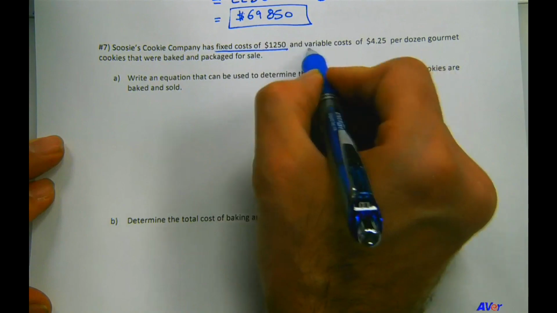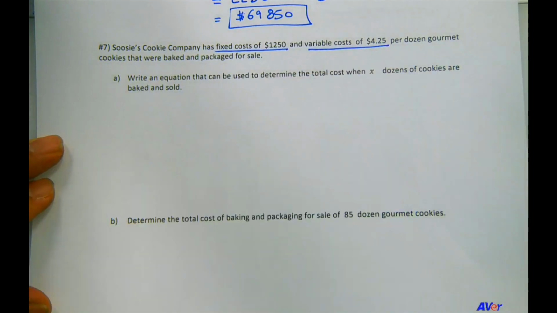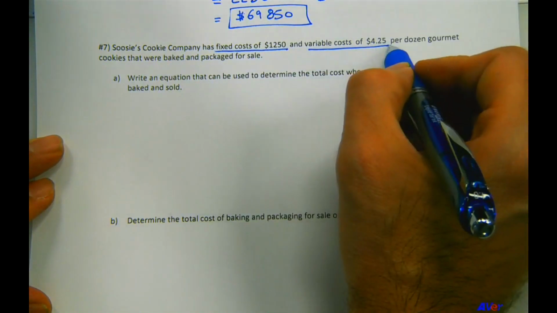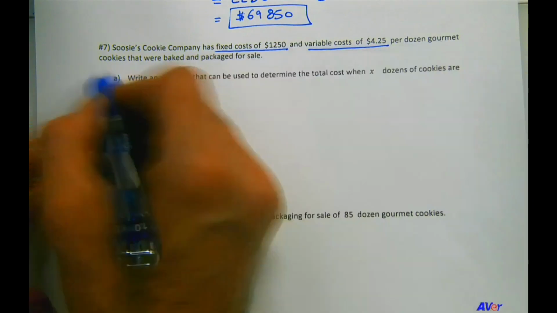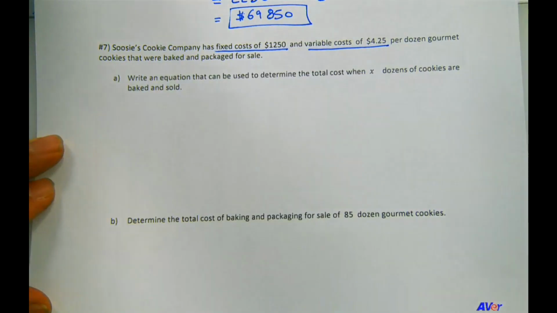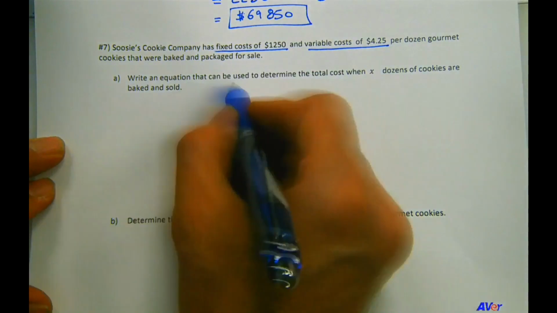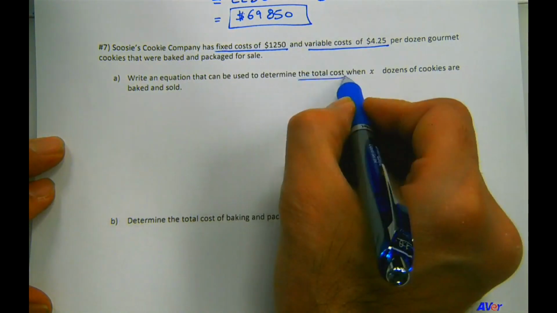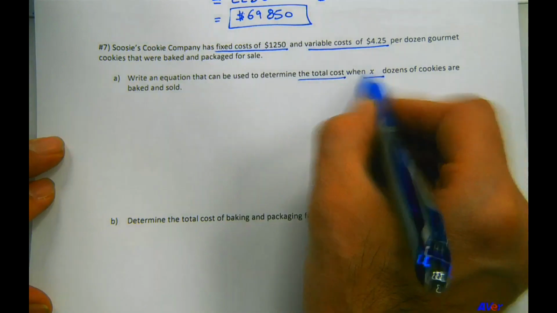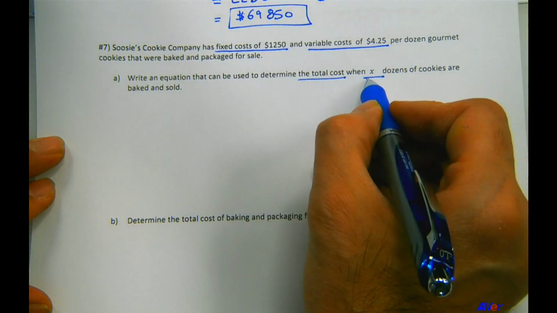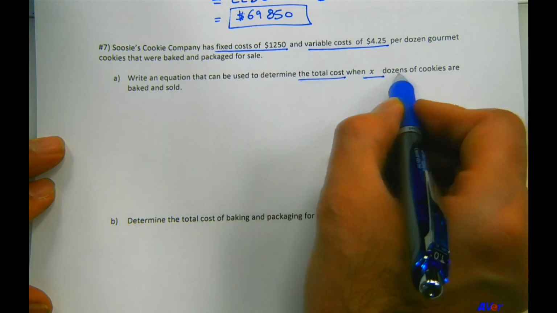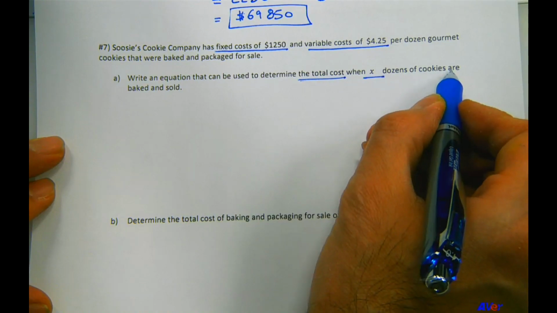And variable cost, wonderful, of $4.25 per dozen gourmet cookies that were baked and packaged for sale. Write an equation that can be used to determine the total cost when X dozens of cookies are baked and sold, using these variables that they're asking for.